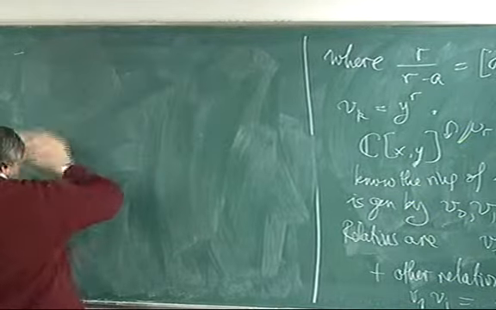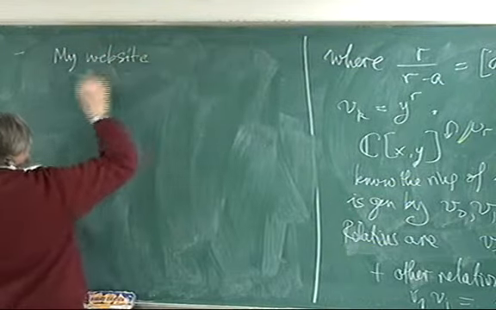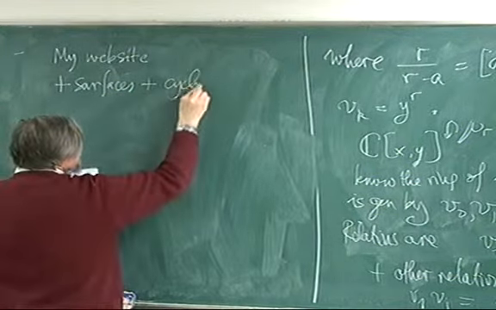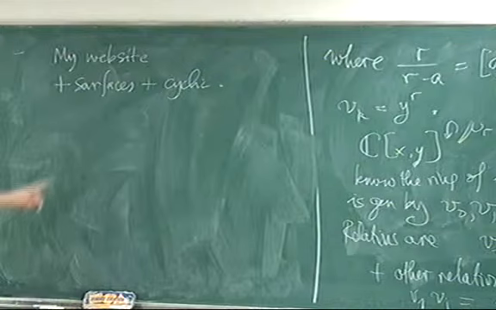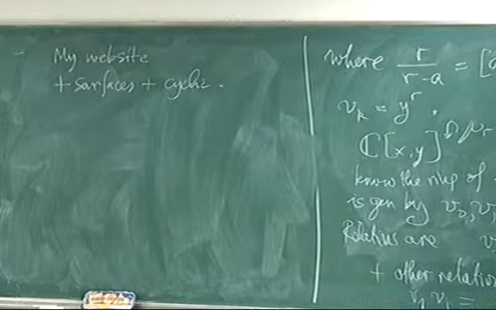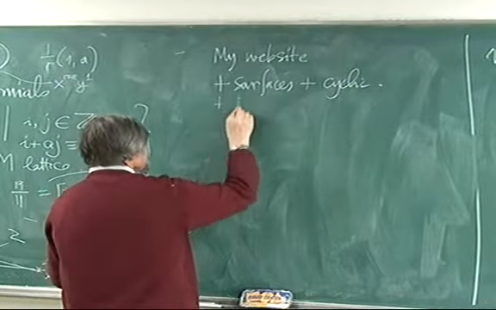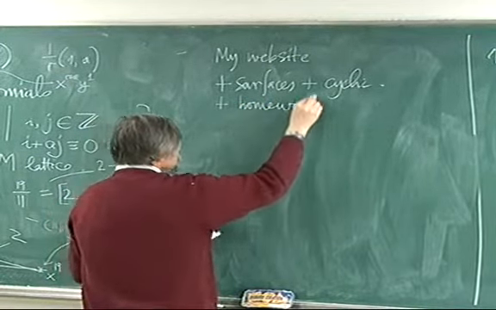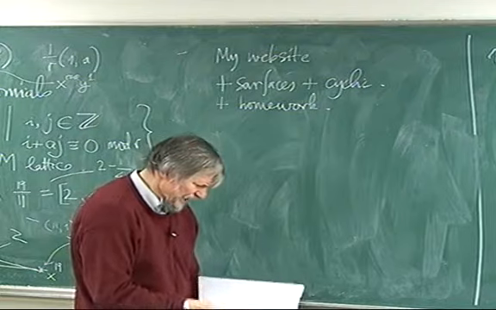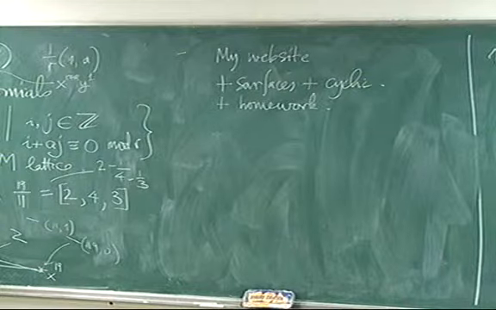If you go to my website, under surfaces, cyclic, everything I've said comes from a little paper there called cyclic quotient singularities, and also the homework. There are about 10 or 20 numerical exercises here, because you need to do a few numerical examples.